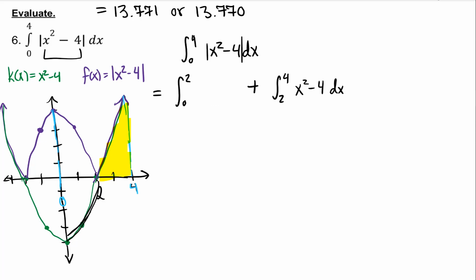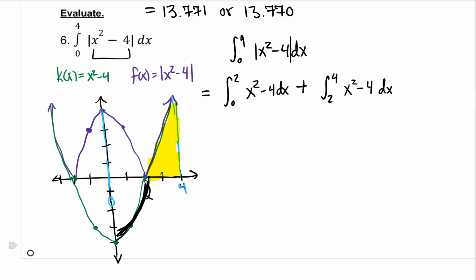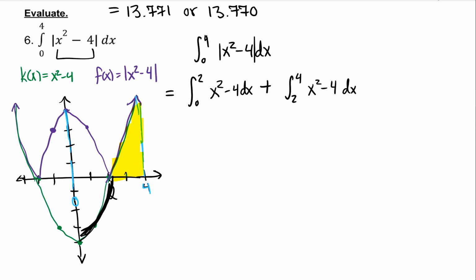So from 0 to 2, the green graph is down here. But if I could reflect this green graph, then I would get the purple. How do you reflect over the x-axis? You multiply the entire function by -1. Anytime you integrate absolute value, you'll need to figure out if there's a split in which a piece of the function must be written as the reflected version of the original argument, the thing inside the absolute value. Now I can integrate. That's evaluated from 0 to 2.